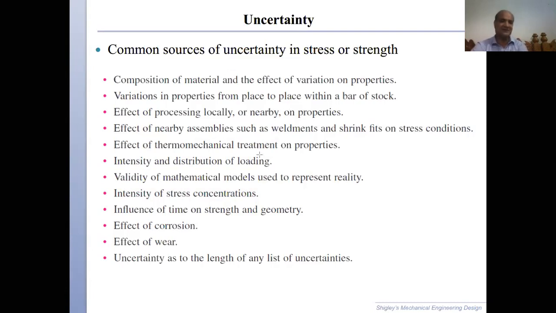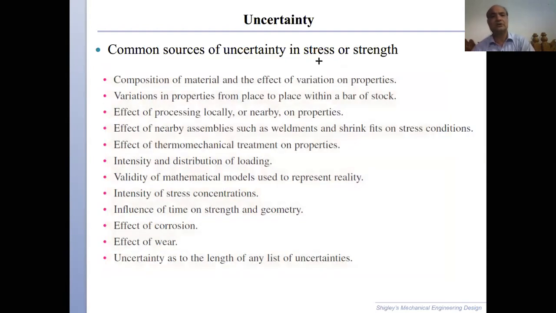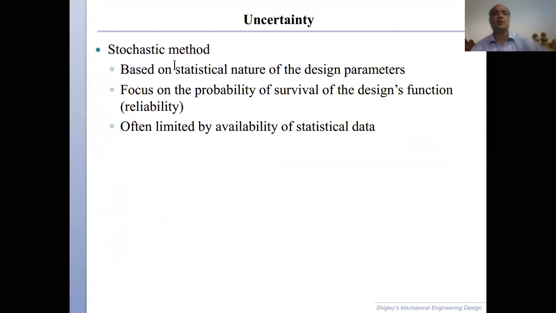So there are some assumptions, and in order to cope with these uncertainties that we have, what we would need to do is introduce something in our design that should cope with this.